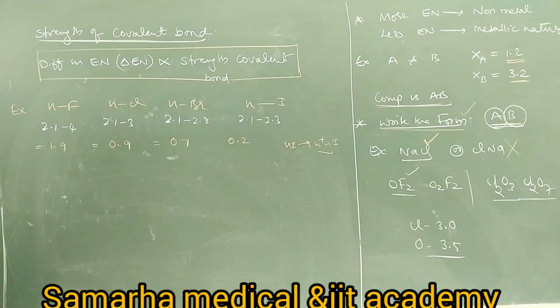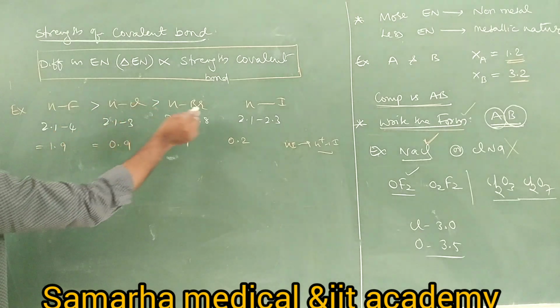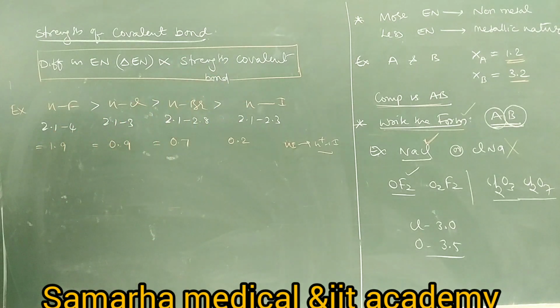So now tell me the order of bond strength: HF, HCl, HBr, HI.